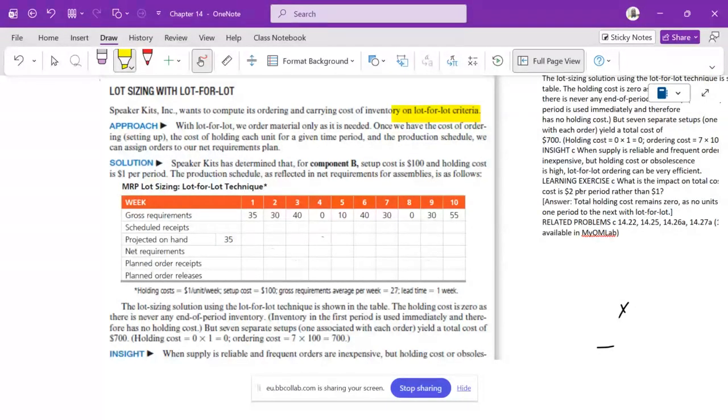This is what it means. So now they explain here, with lot for lot, we order material only as needed. Once we have the cost of order setting up, the cost of holding each unit for a given time period, and production schedule, we can assign orders to our net requirement plan.